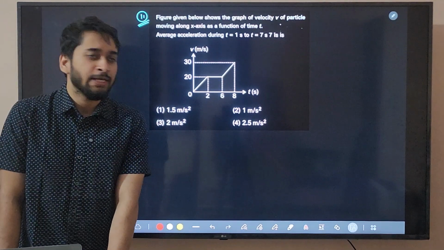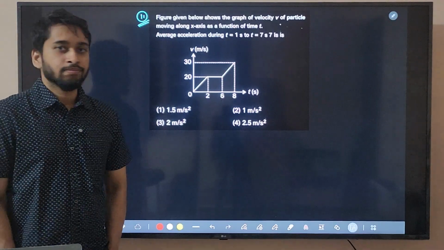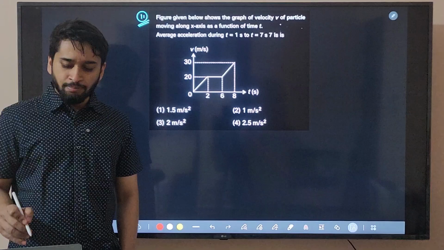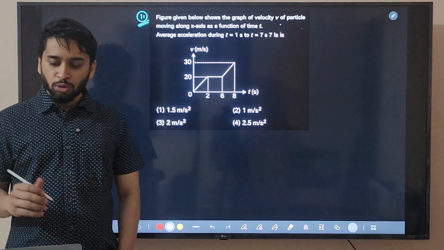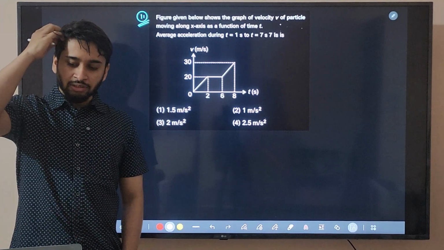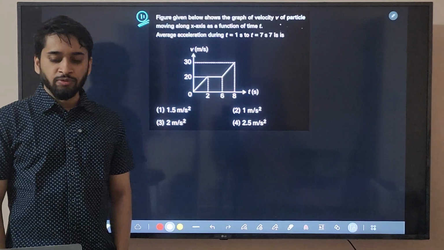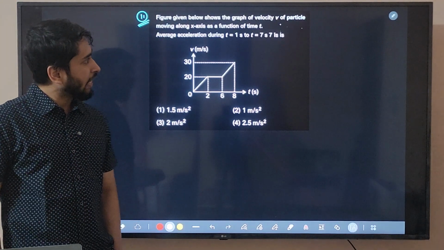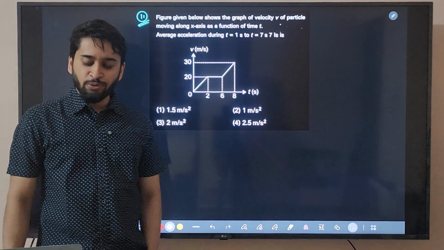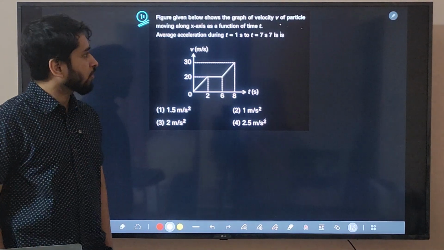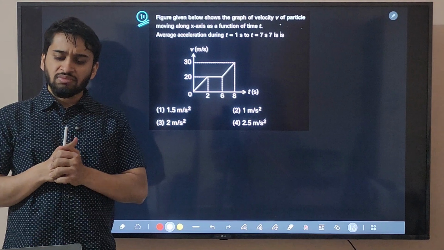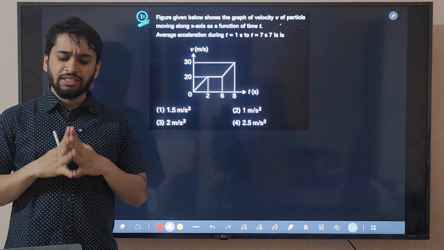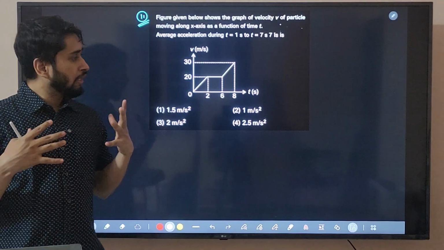So the question says, the figure given below shows the graph of velocity v of a particle moving along the x-axis as a function of time. Average acceleration during t equal to 1 second to t equal to 7 second. I think 7 is a printing mistake. So we just need the average acceleration between t equal to 1 and t equal to 7.